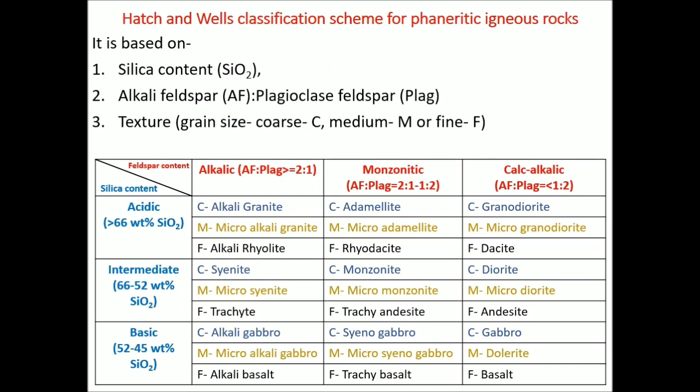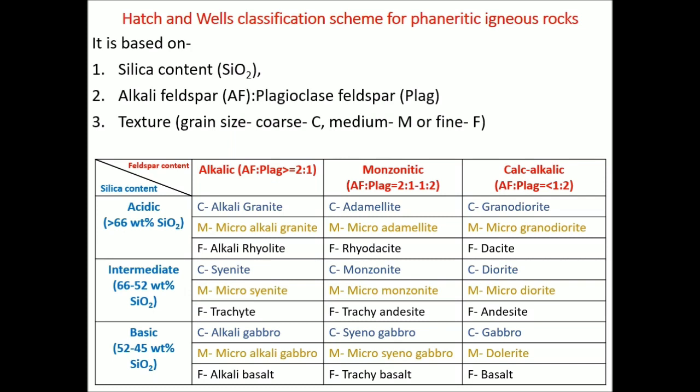Now the third component is coarse, medium, and fine grain. See alkali granite, and everywhere for medium grain the prefix micro will be added, except in the case of basic rocks with calc-alkalic composition, where you can see in the bottom right corner that gabbro is the coarse grain variety, dolerite the medium grain variety, while the fine grain variety is basalt.